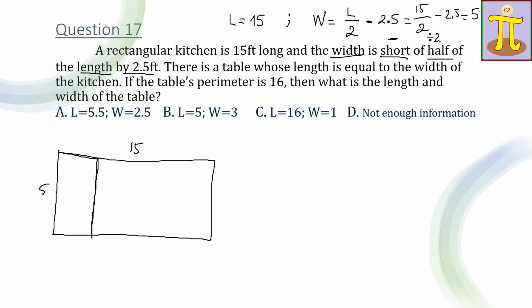Okay, so the length of the table is the width of the kitchen. So let me highlight it. I check in the table area. This is the width of the kitchen. Okay, this is the length of the table.